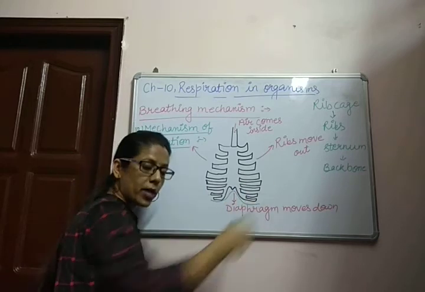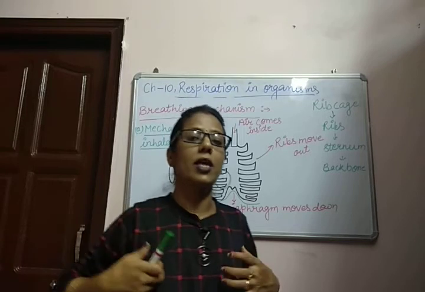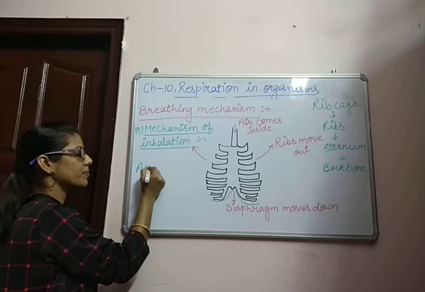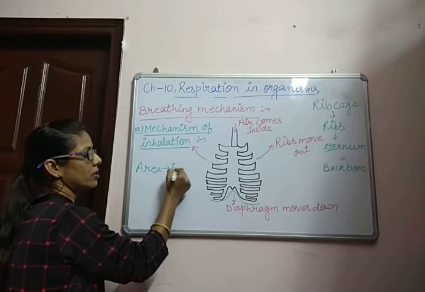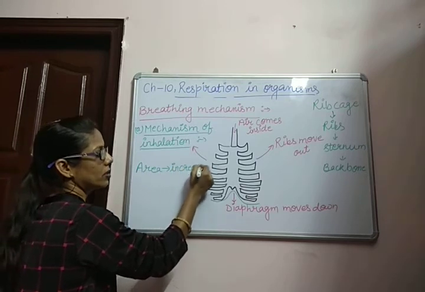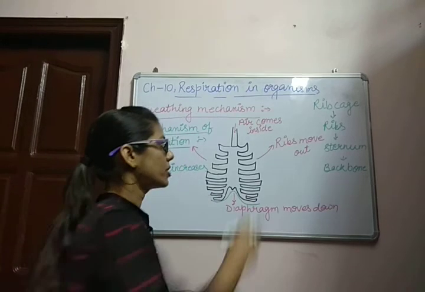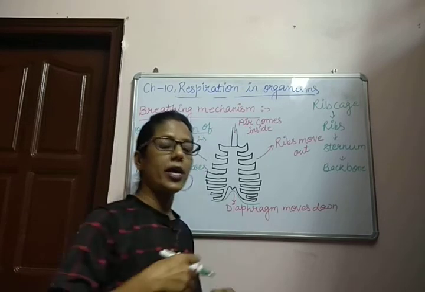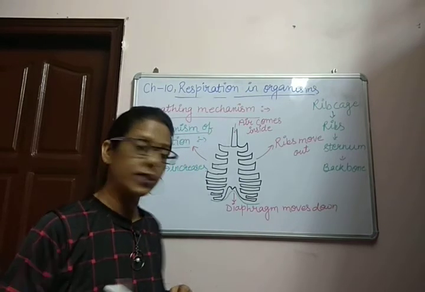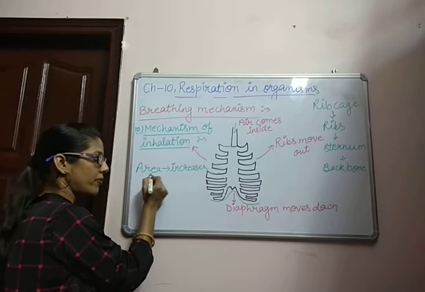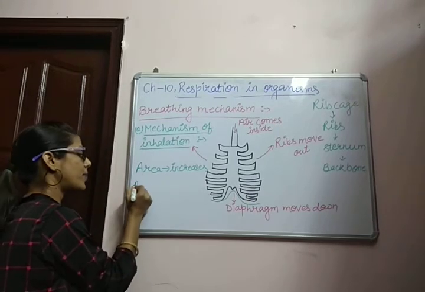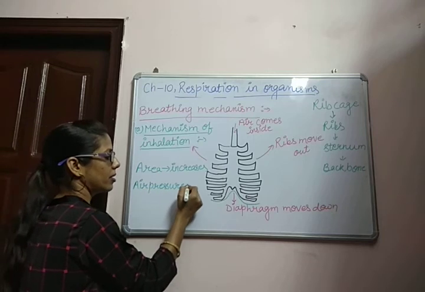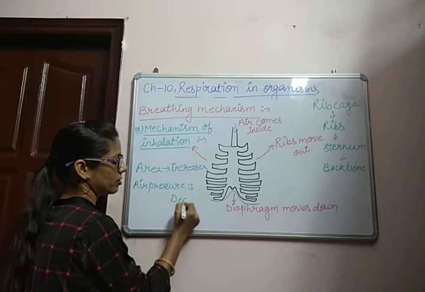That's why the space inside the chest cavity increases. So during the inhalation process, the ribs move outward and the diaphragm moves downward. That's why the area inside the chest cavity increases. So as the area increases, the air pressure decreases.